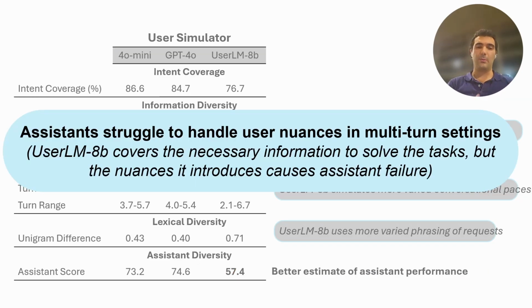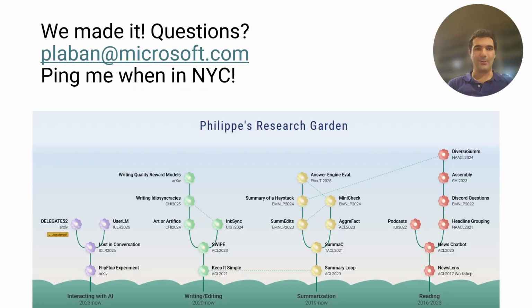Okay, so assistants struggle to handle user nuances in multi-turn settings. The user LM covers the necessary information of the task, but the nuances it introduces due to the sampling that occurs in a language model cause assistants to fail more often.